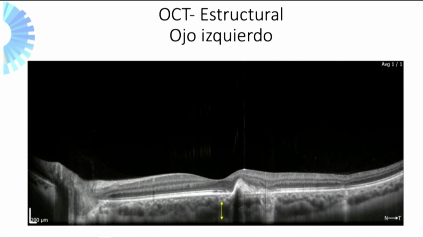We see compression of the choriocapillaris layer and changes on the external layers of the retina. There's loss of continuity of the external membrane on the ellipsoid zone, detachment of the pigmented epithelium, and hyperreflective material, the whitish zones that are seen on the fundus.